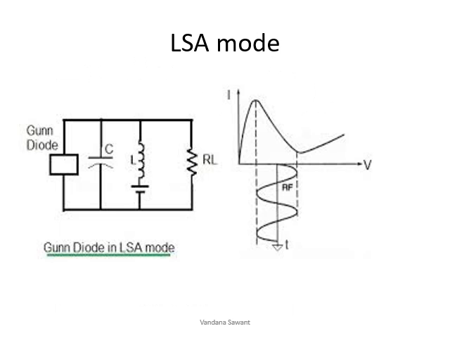Now we will move to the next mode of operation. Here the Gunn diode is connected along with an external LC circuit. The resonating frequency of this external LC circuit is very large as compared to the transit time frequency of the Gunn diode.